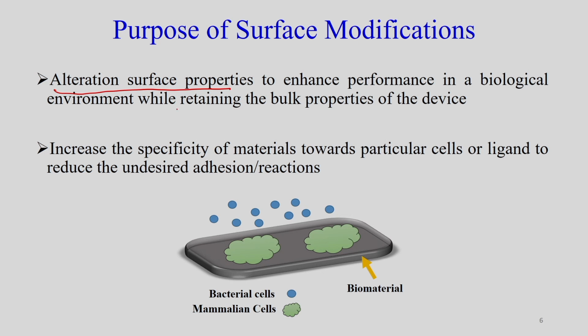At the same time, it is important that the surface modification should not affect the bulk property of the implant biomaterial. So, the surface modification should not interfere with the bulk property. At the same time, it should favorably tune the interaction with the biological environment to enhance its desired performance.